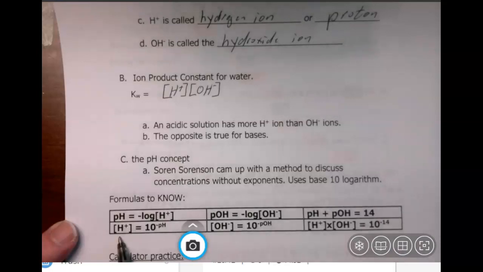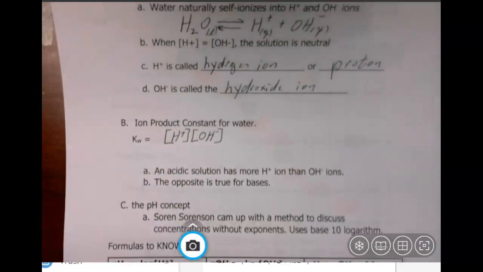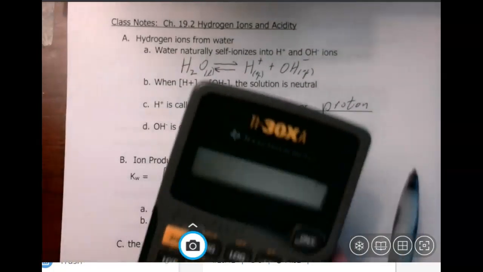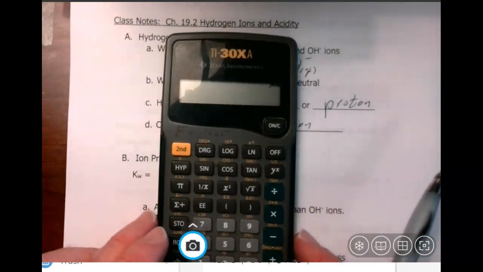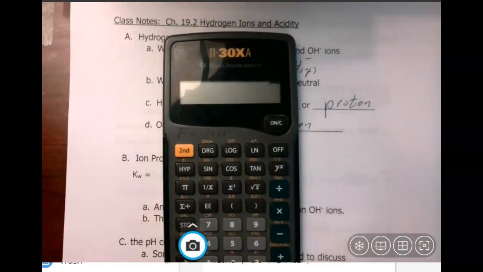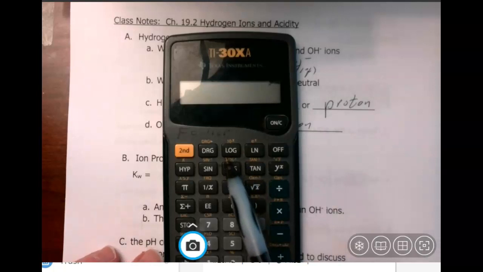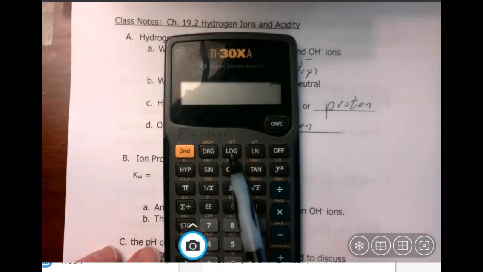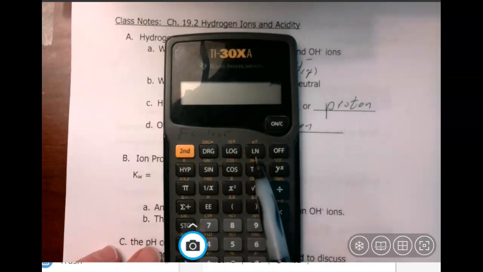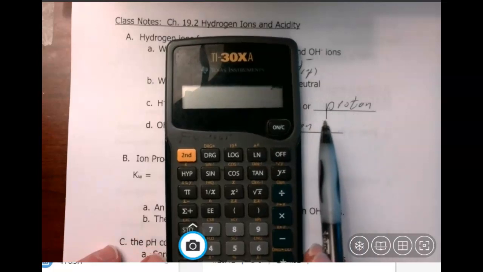Now, the hydrogen ion concentration, if you have the pH, well, before we do that, let's look at our scientific calculator. So you want to get out your scientific calculator and find the log, L-O-G button. On my calculator, the log button is right here. Now, don't confuse that with the LN button. LN is the natural log, and that's a completely different thing. Okay.